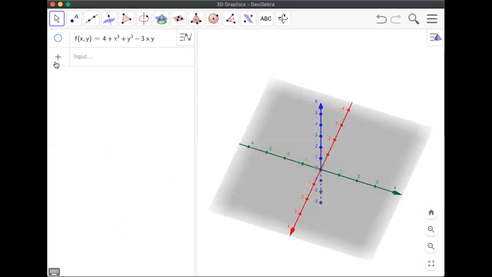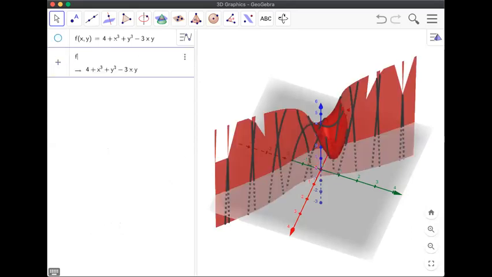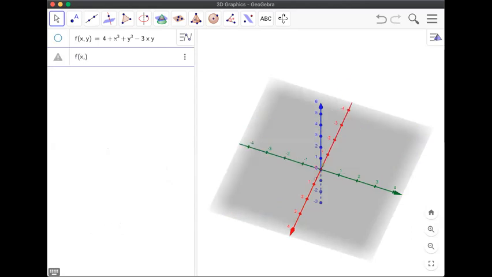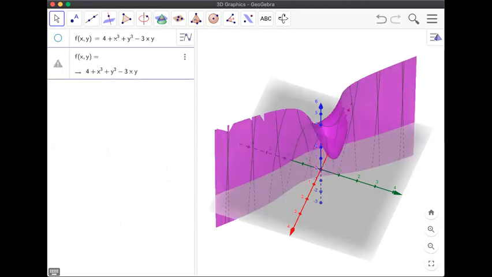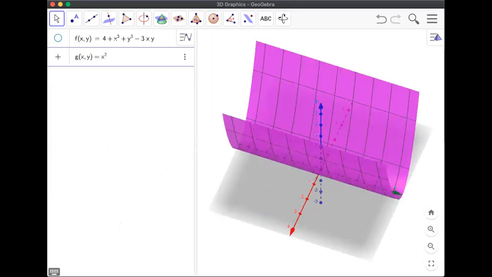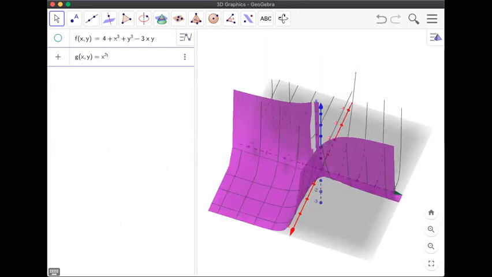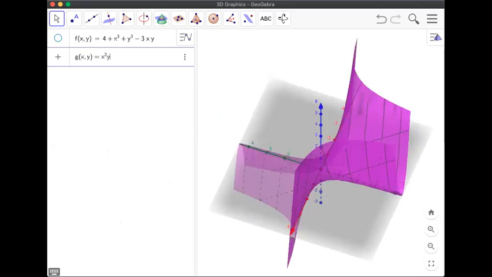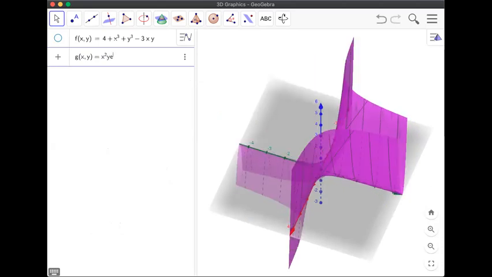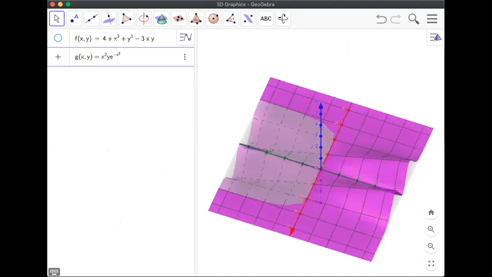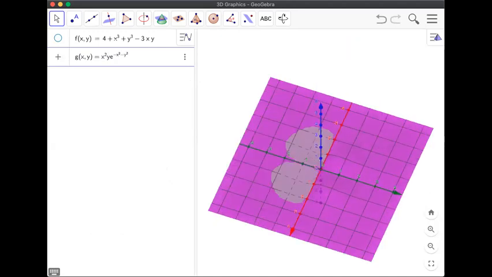So in here, we have f of x comma y equals, instead of f, let me replace this as g. So you have x squared y, and then e to the negative x squared minus y squared.